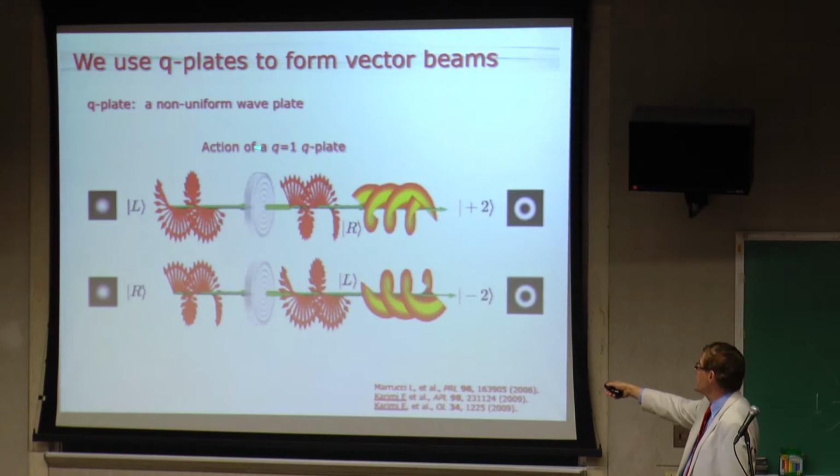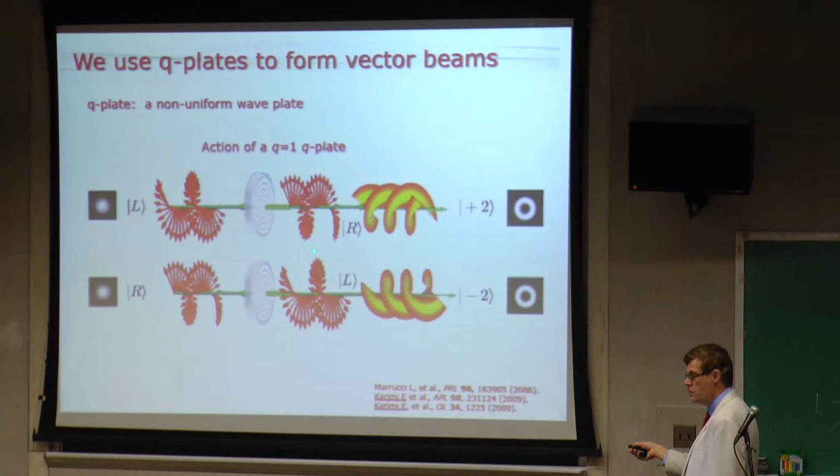Each one acts as a half wave plate, but the orientation angle of the half wave plate changes as a function of azimuth. As a result, if you bring in a Gaussian beam, left-hand polarized, being a wave plate, it turns into right-hand circular polarization.